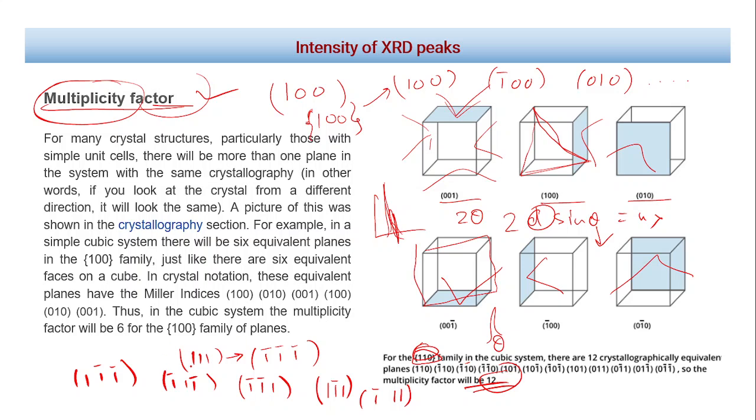Whereas if I'm talking about a plane like 111, then there are fewer 111 planes, so the intensity of the peak corresponding to this plane will be less. And this is what is given here. So this is how the multiplicity factor also influences the intensity of the peak.